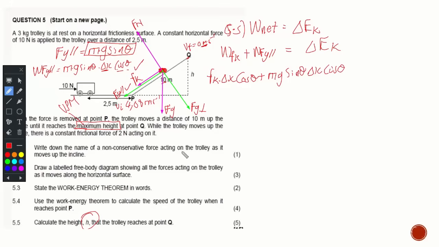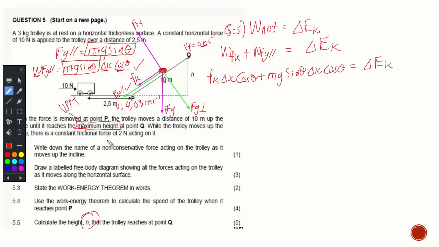So I hope you are following. Fg parallel is mg sine theta as a whole. And now if we are doing work done by Fg parallel, it should be the force multiplied by the displacement and cos theta. Right. And then this is equal to the change in Ek. So I'm still going to write that in that fashion.